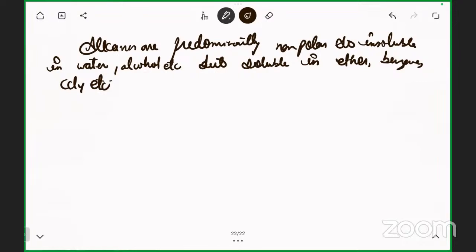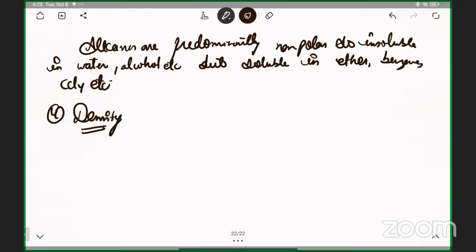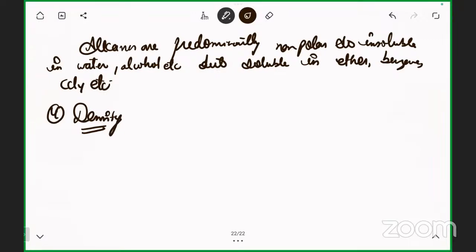Next and last, the fourth, is density. What is the formula of density? Mass by volume. So if the mass of the organic compound is increasing, density will increase.